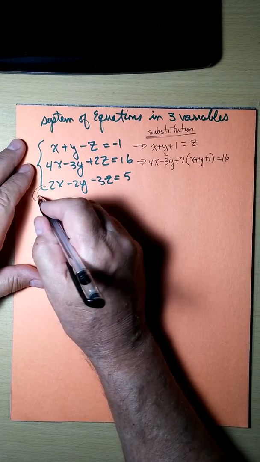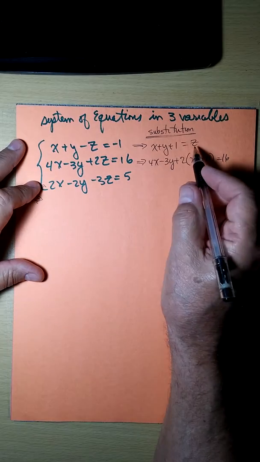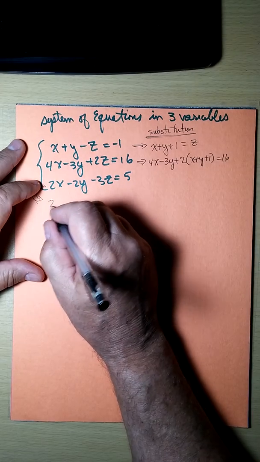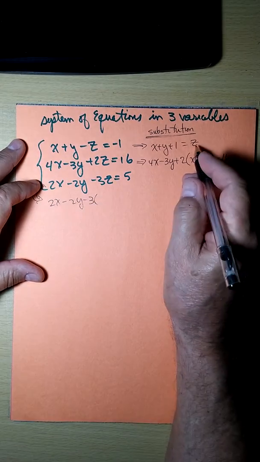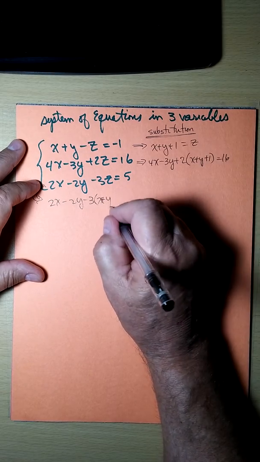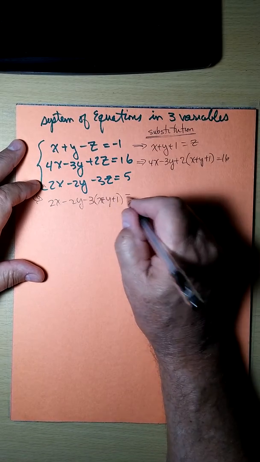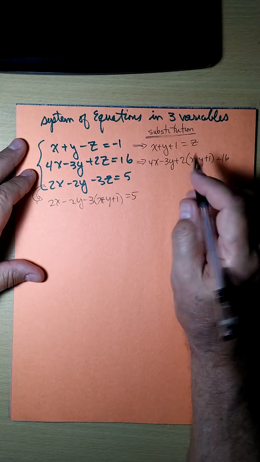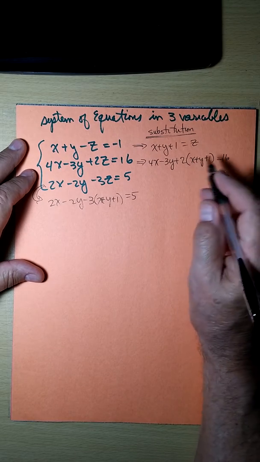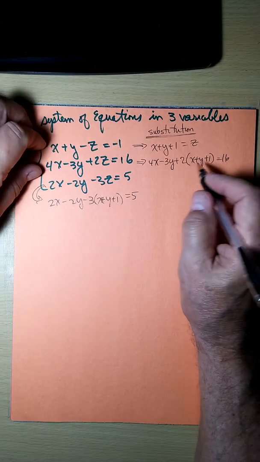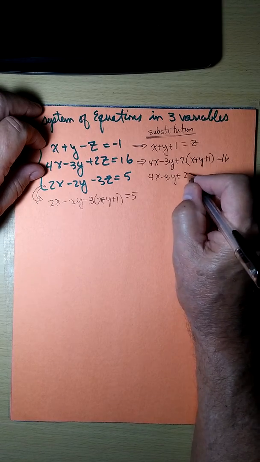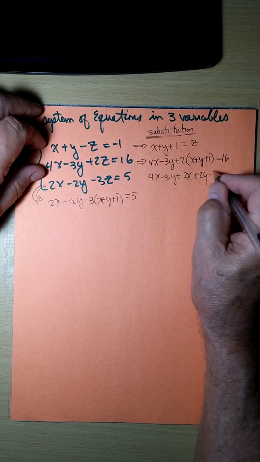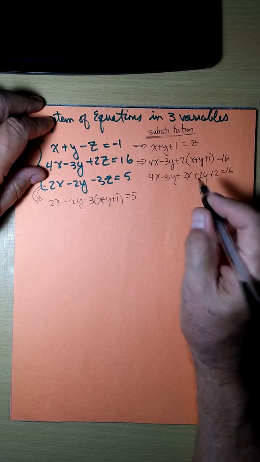The third problem, I'm also going to plug this in for z. 2x minus 2y minus 3, well, z is x plus y plus 1, and that equals 5. Now, what you do is you work this out so you can collect the x's and the y's. 4x minus 3y plus 2x plus 2y plus 2 equals 16.